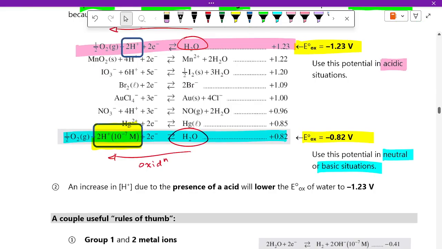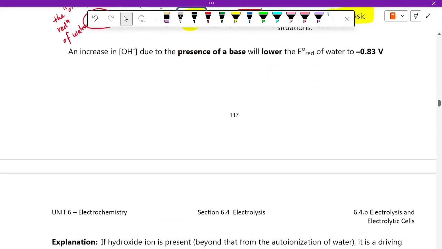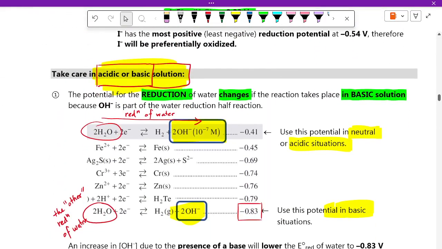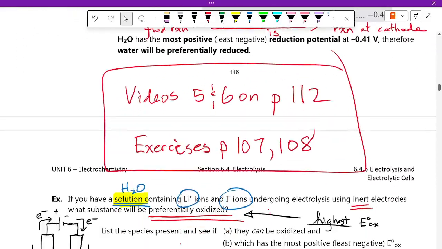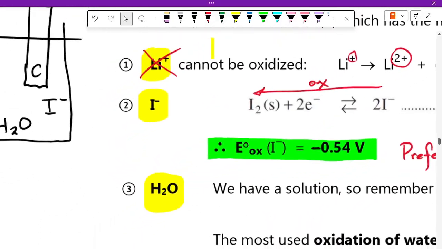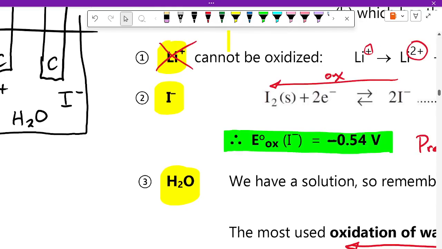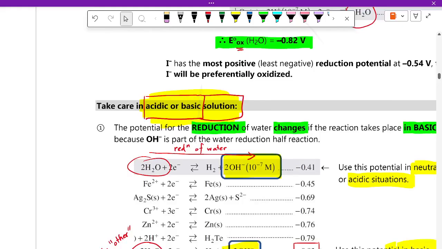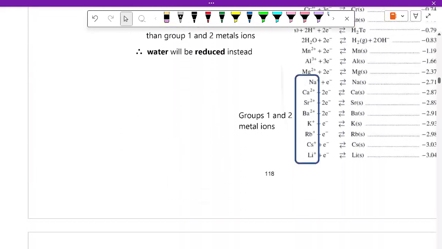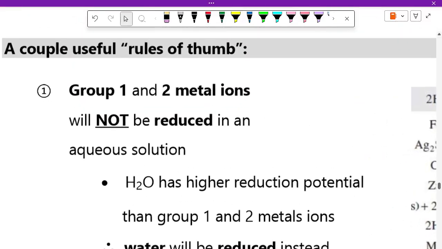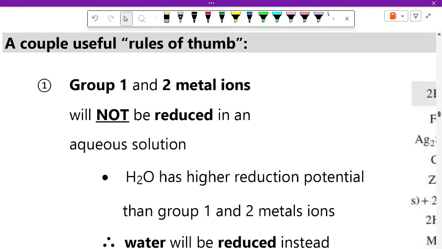A couple of useful rules of thumb that can just make things quick for you. So remember, you're making a choice in any of these situations. You're saying, I have several things, like maybe I have lithium and iodine and water. Which one is going to get oxidized? Which one is going to get reduced, et cetera. Well, one of the things that's going to make your life a little bit easier is that group 1 and 2 metals will never be reduced.